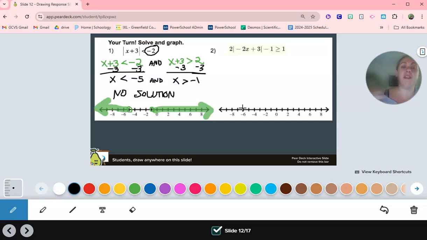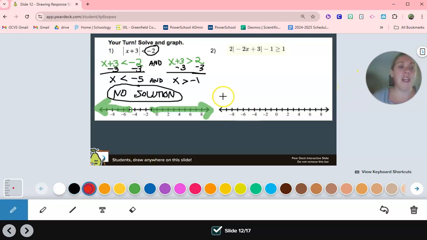But when we take the absolute value of any number, it becomes positive. So it will always be greater than a -2. So this will not work. We can't be less than -5 and greater than -1. That doesn't make sense. It's not going to work. There's no solution where it can be in both parts of those arrows. So this is no solution. Beautiful.